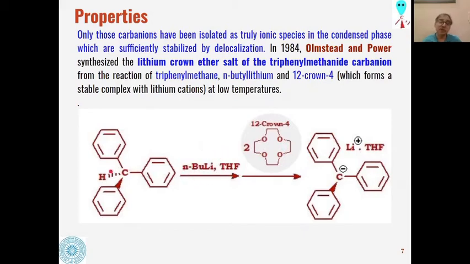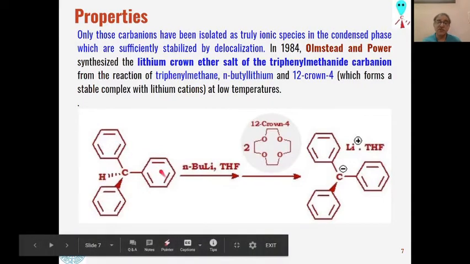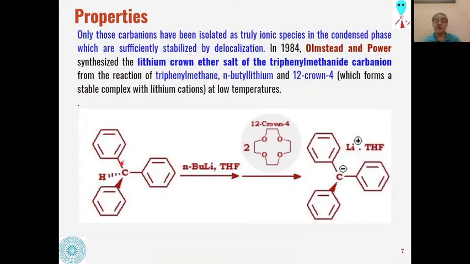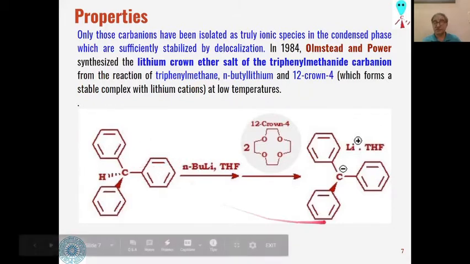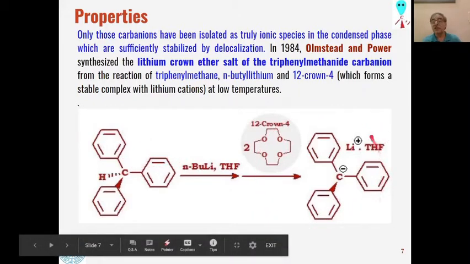This will abstract this acidic proton. This proton is very acidic because of the presence of these three phenyl groups, which stabilize the negative charge produced on this carbon through the resonance effect. So we get this type of stable species with this carbon.